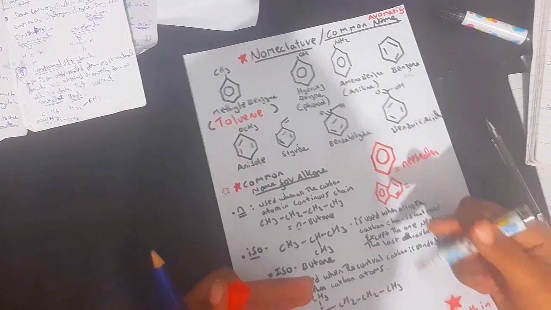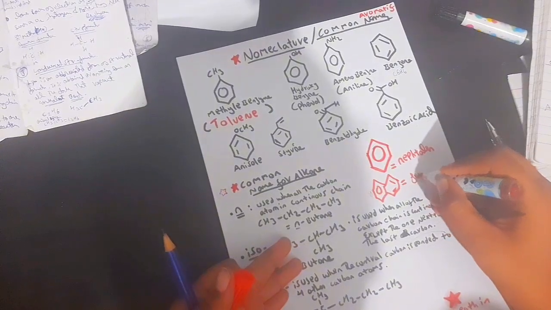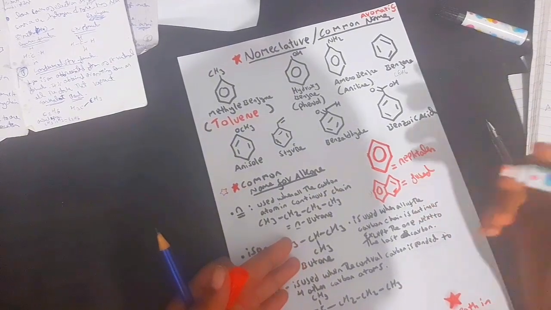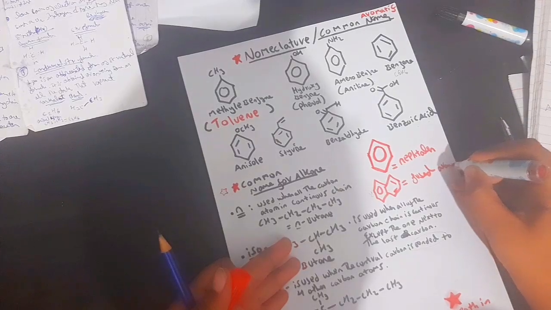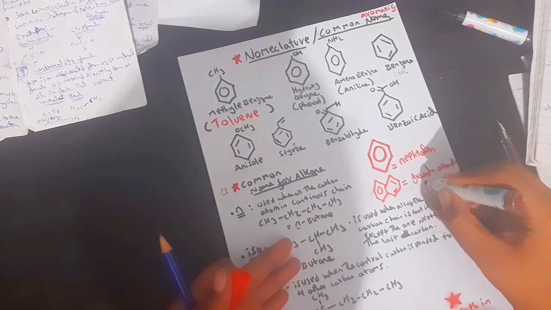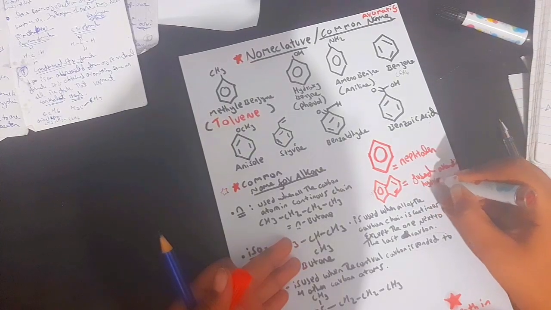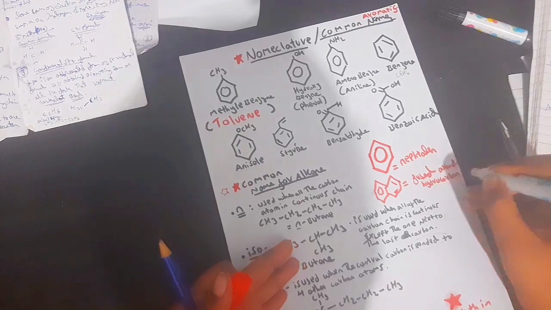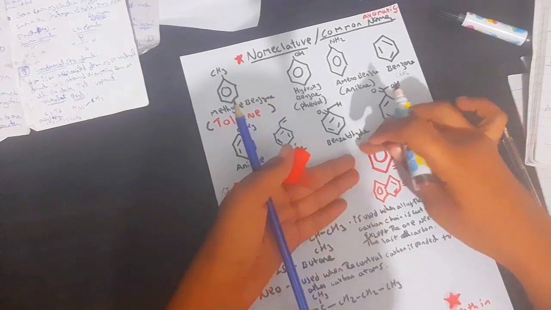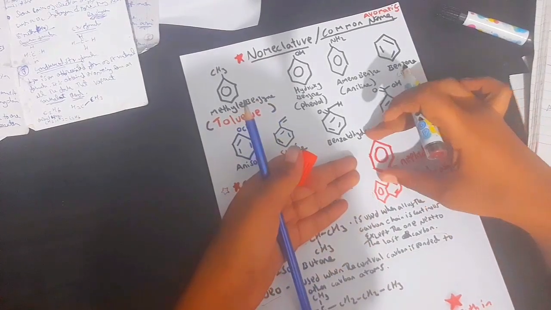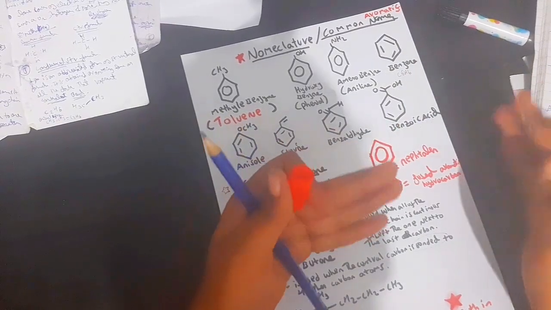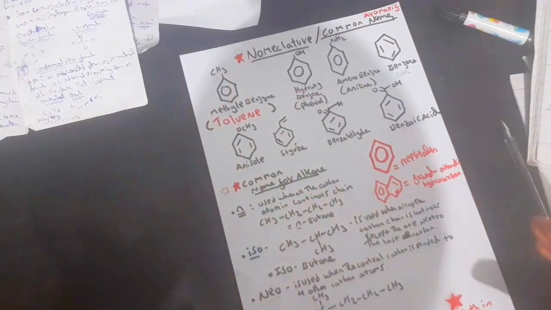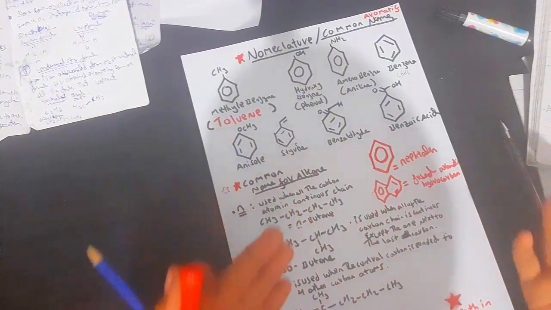So this is a fused aromatic hydrocarbon. So naphthalene is when this structure is added and fused with another benzene structure, it's also called naphthalene, which is generally a fused aromatic hydrocarbon.